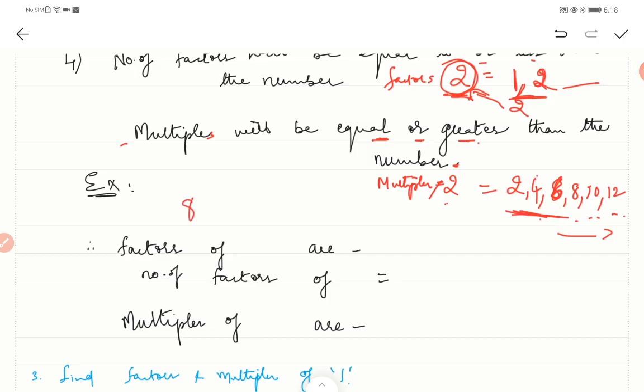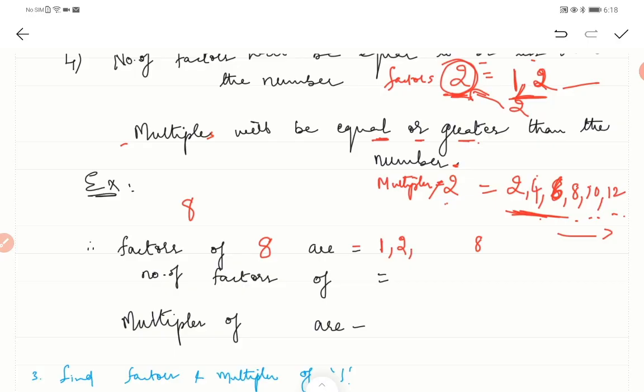If I take the number 8, what are the factors of 8? 1 is a factor of all numbers, and itself, 8. We can take 8 at the end. Just go and check it. This 8 will come in the 2 table: 2 fours are 8, right?